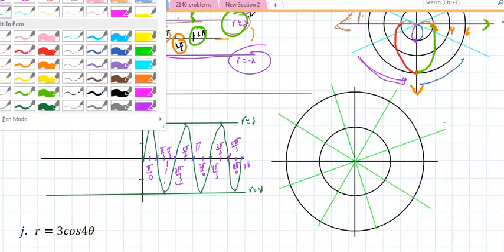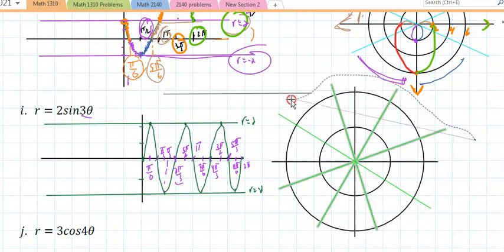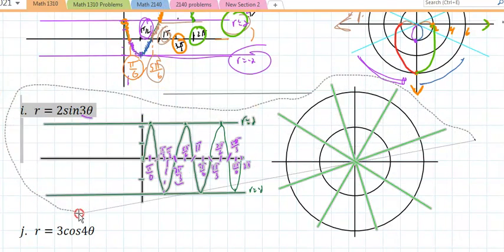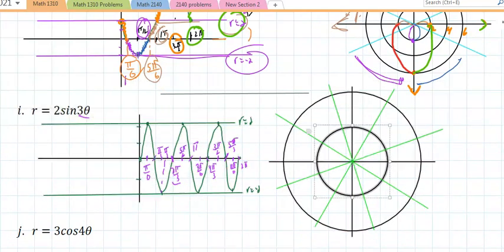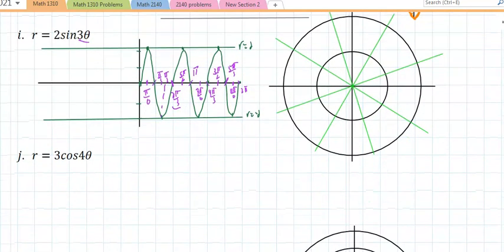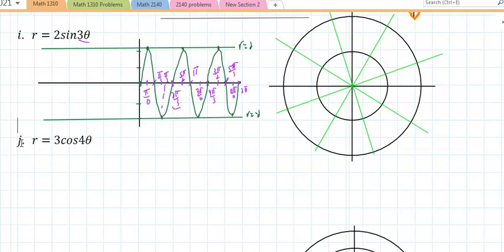Let me copy this. Oh, not the whole thing. Okay, no problem.